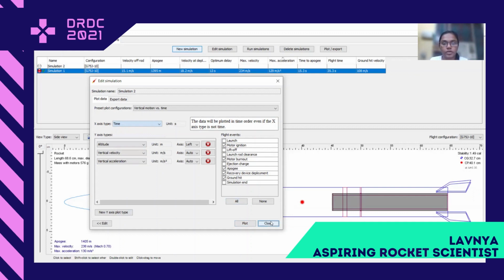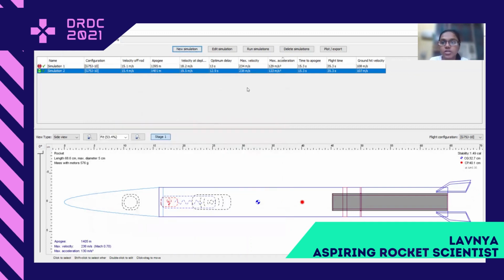Now, after running the simulation, I've got an apogee of 1401 meters, a max velocity of 238 meters per second, and a max acceleration of 133 meters per second squared, with a stability of 1.49.